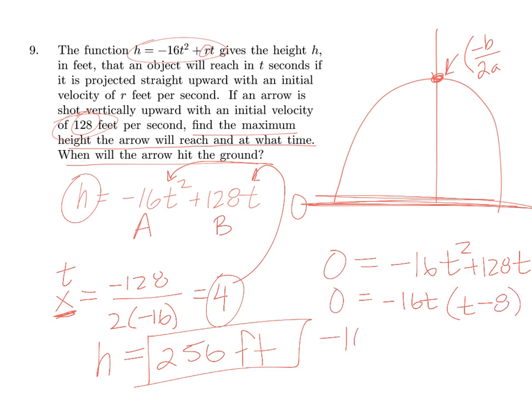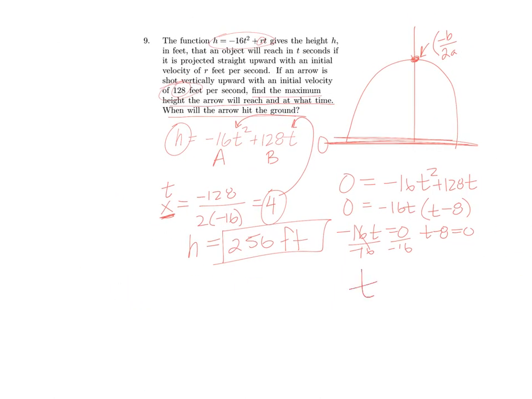So I set -16t equal to 0, and I set t minus 8 equal to 0. So I divide by -16. t is equal to 0, and then I add 8, and I get t is equal to 8.